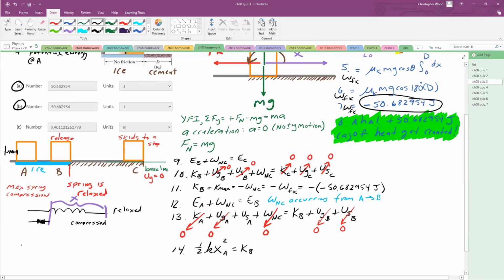Remember where this came from. This was derived in your green sheets. In your green sheets, the elastic potential energy, also known as the spring potential energy, is shown to be 1/2 K X squared, where X is the amount of elongation or compression.